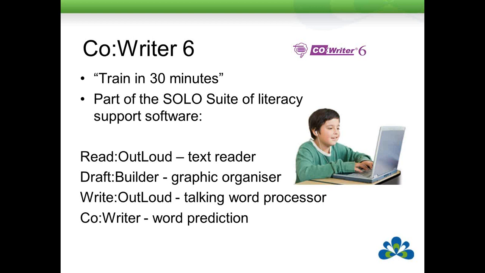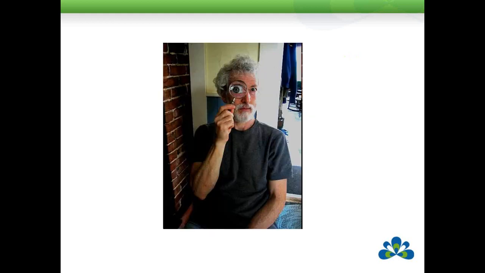All those components can be used individually, but they also integrate with each other. So co-writer can be used by itself without ever using other parts of the Solo suite, but it also integrates with those other three parts. It's part of a bigger package, but a lot of people just use the co-writer word prediction facility, for instance.